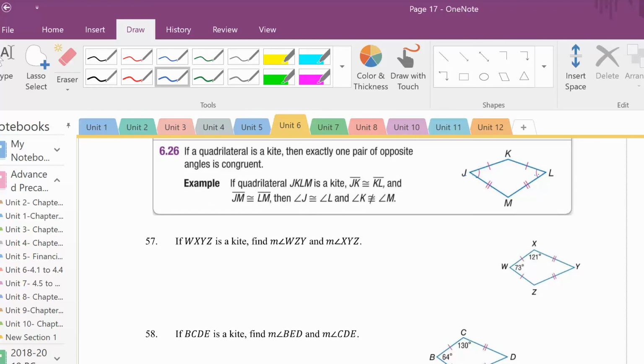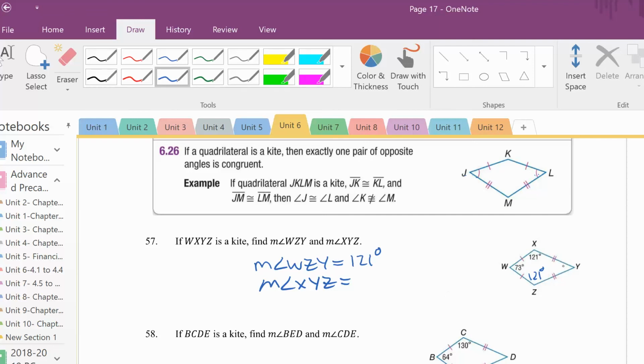So if WXYZ is a kite, find the measure of angle WZY and XYZ. Those are the 2 things we're going to find. So remember, 121 is where the 2 non-congruent sides meet. So that means this other one is 121. So WZY is 121. And then remember, it's a quadrilateral, so 360 degrees.